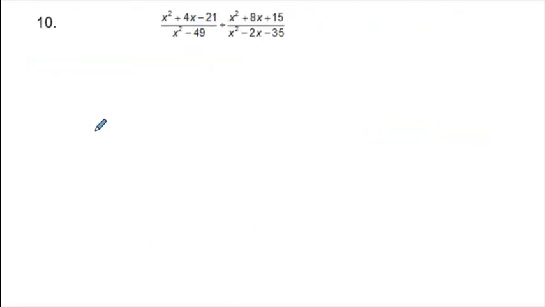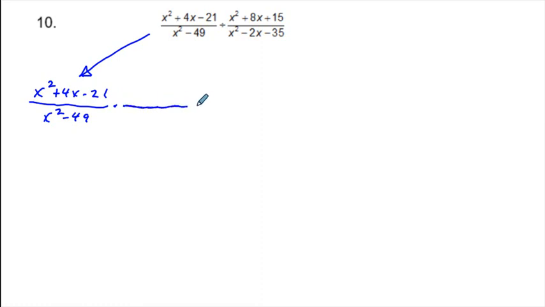Next, problem 10. We have a division problem. And so we're going to rewrite this as a multiplication problem, because I'm just going to rewrite everything. x squared plus 4x minus 21 over x squared minus 49.